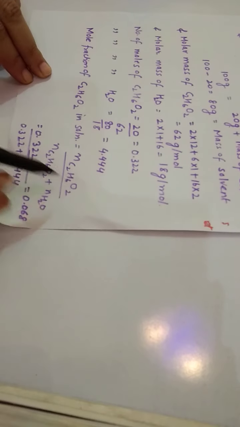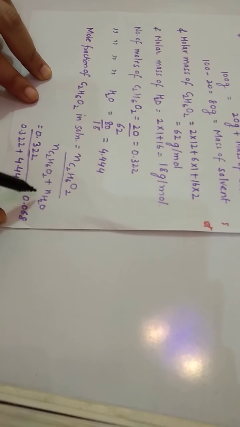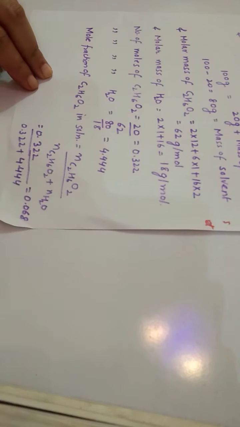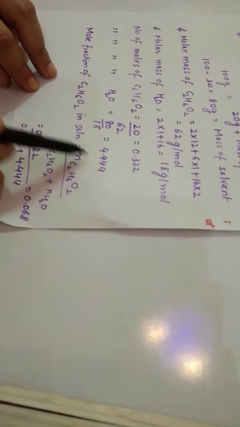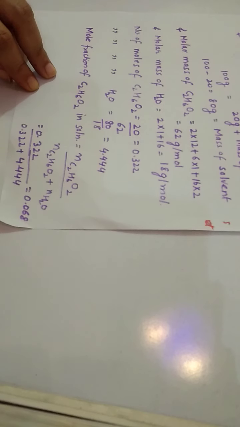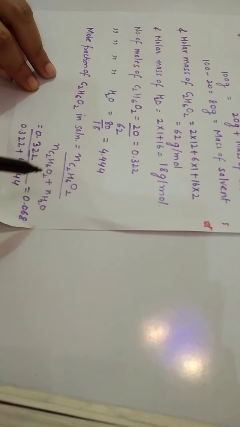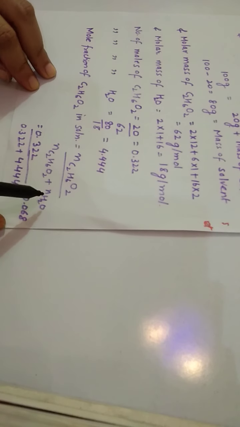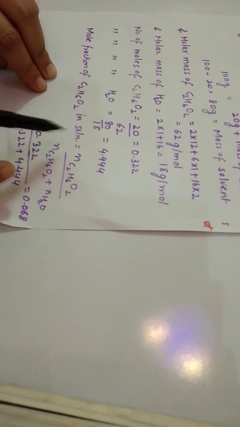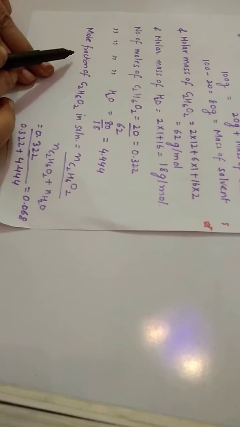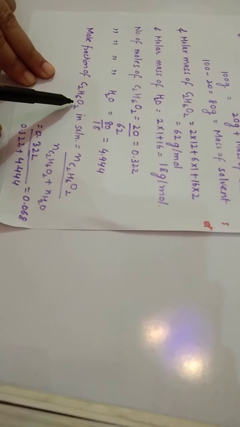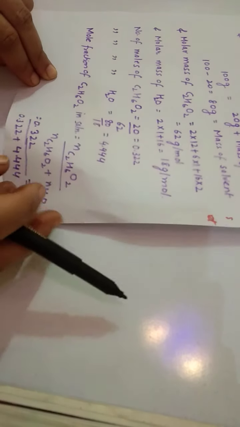But in the question the number of moles is not given. So first you need to find the number of moles of ethylene glycol and water. Then you put them in this formula so that you get the mole fraction of ethylene glycol.